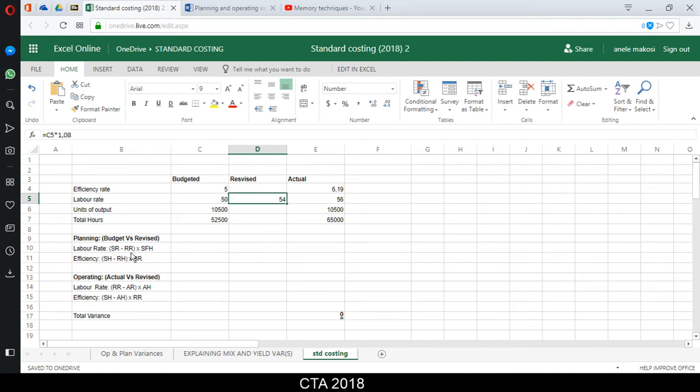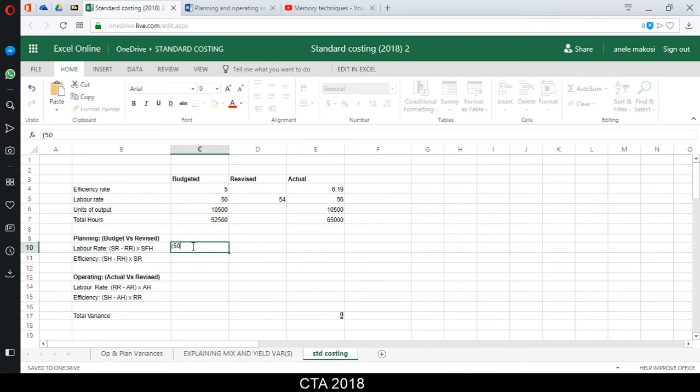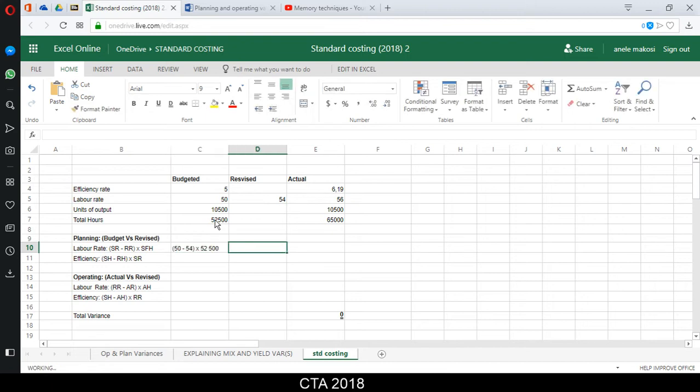The formula that I have here is, we look at the standard rate, which is 50, we deduct the revised rate, which is 54, and then we multiply by the standard flexed hours, which is 52,500. So this is going to be our labor rate variance under planning, because we said we look at the budget and the revised budget.